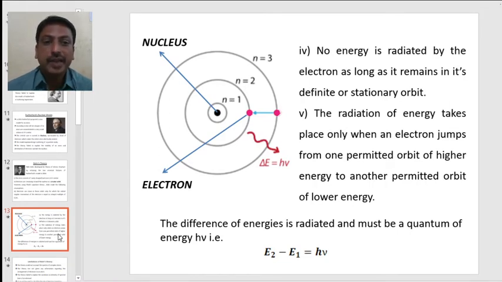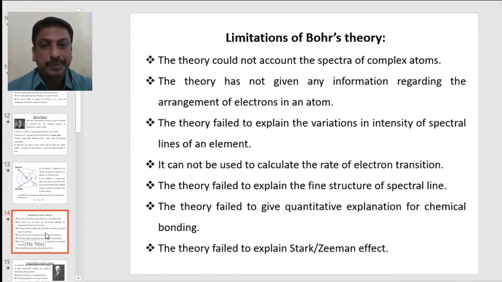The radiation of energy takes place only when an electron jumps from one permitted orbit of higher energy to another permitted orbit of lower energy, and the amount of energy radiated during this transition can be calculated by subtracting the energies of the two successive orbits, that is E2 minus E1, which will always be equal to h times nu.